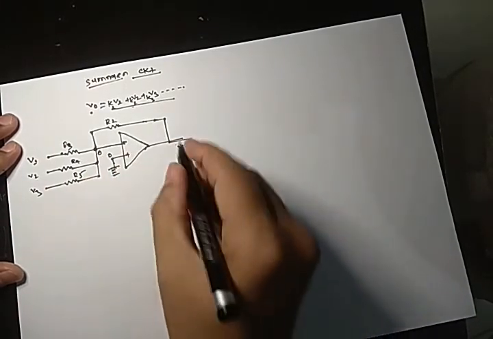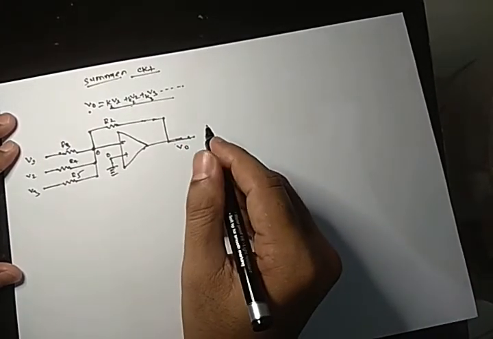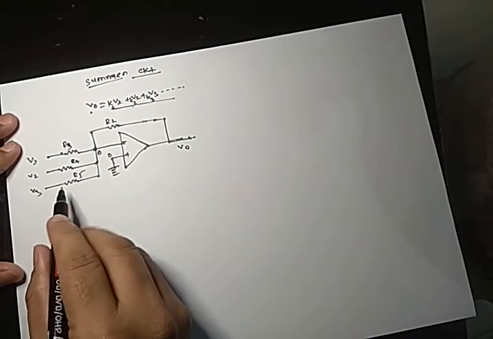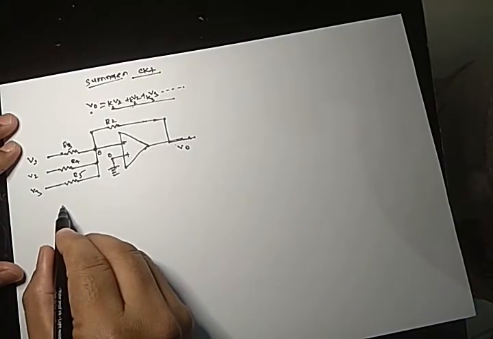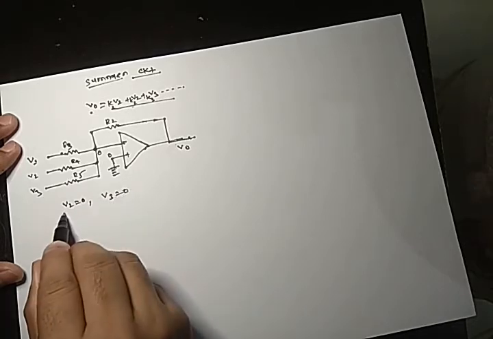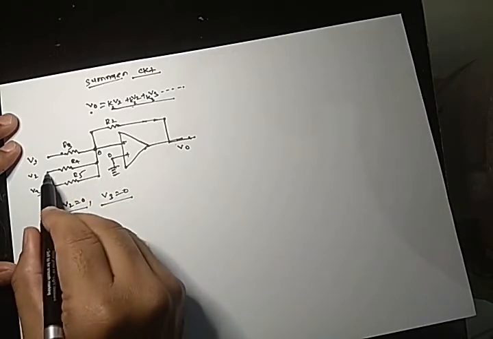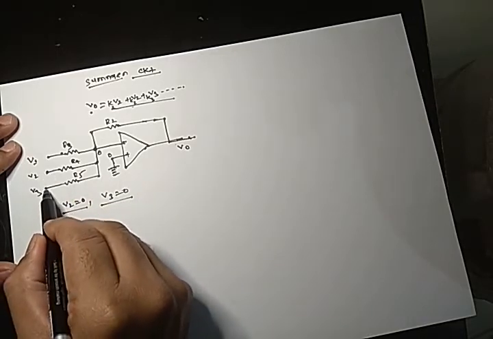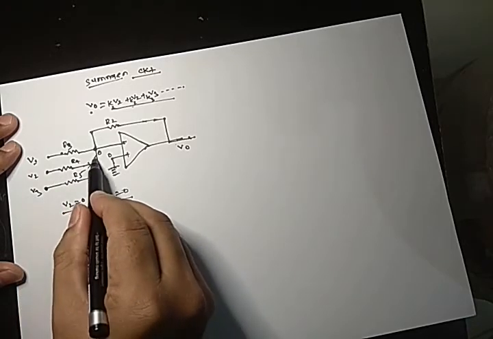Suppose we are going to solve this circuit, then only are we going to get the summer circuit. How are we going to solve this circuit? We will first make V2 equal to 0 and V3 equal to 0. If V2 and V3 are 0, no current will be flowing across this path, this path, this path.